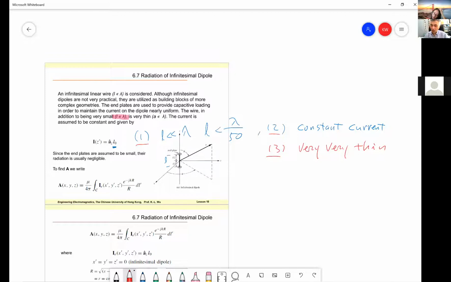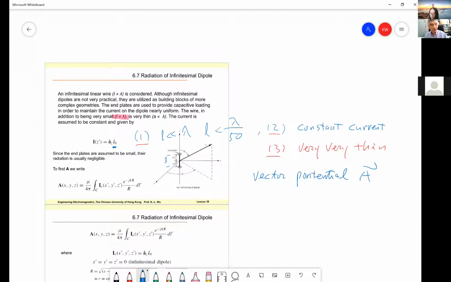And how we consider the radiation is, we already derived a vector potential A. How is vector potential A defined?